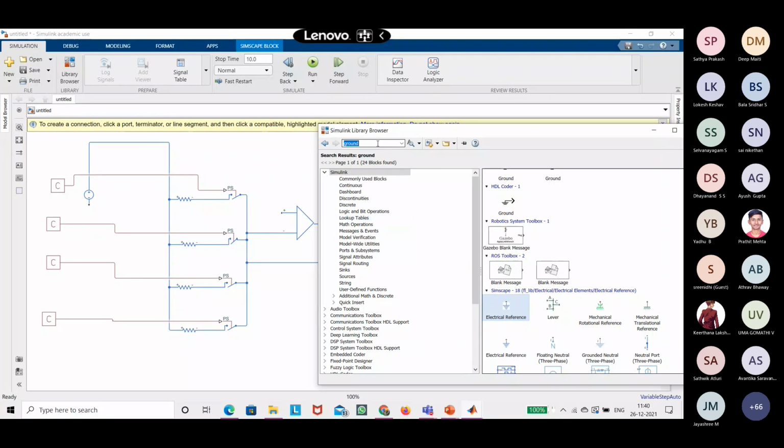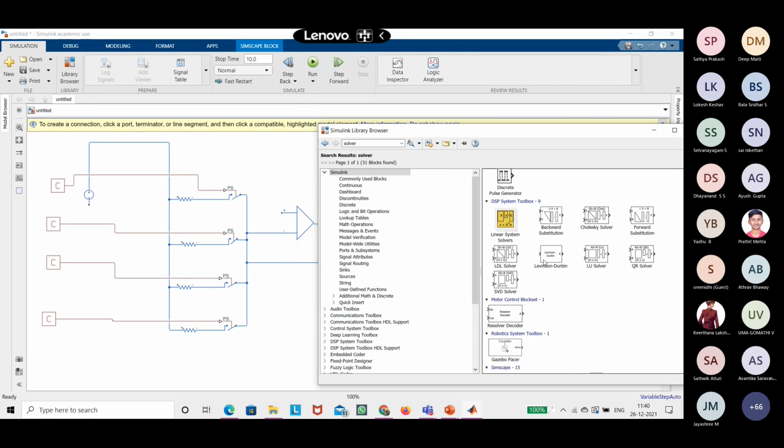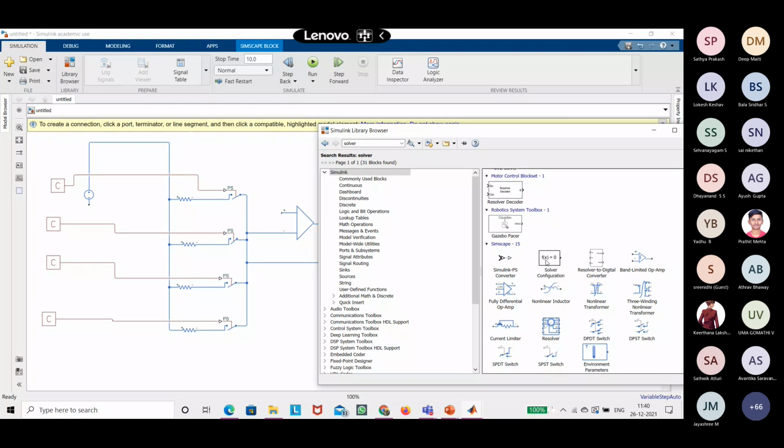Then the solver. I think it's okay, solver. This solver configuration, just add it to this, and we need one more thing.